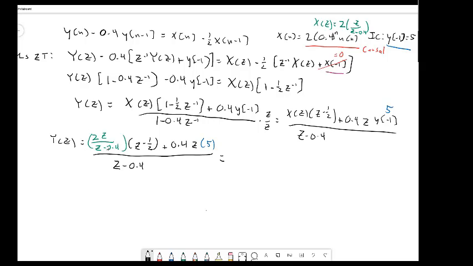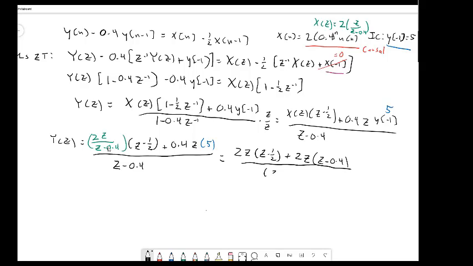Now I've got a z minus 0.4 here. I'm going to end up moving that down to the denominator, leaving me with 2z times z minus a half in the numerator, plus this 0.4 times 5 gives me 2 times the z we had here times this denominator, 2 minus 0.4.